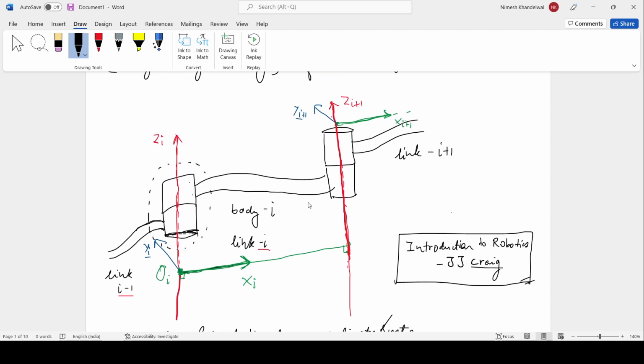Now to get the relation between the two frames means getting the total transformation connecting the I plus 1th frame to the ith frame.